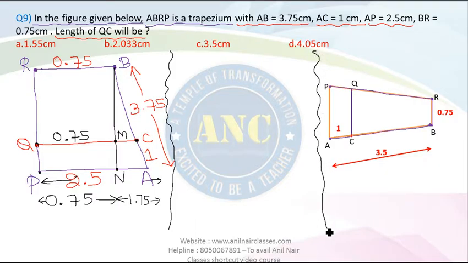Now observe carefully, sir. There is this triangle called as triangle BNA, right? In this triangle, if I apply basic proportionality theorem, everything we have learnt in the starting of the class.